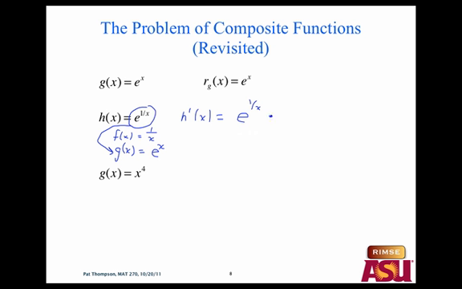But then by the chain rule, we multiply by the rate of change of the interior function. We can rewrite 1 over x as x to the minus 1 and use the power rule, which gives negative 1 times x to the negative 2. This simplifies to e to the 1 over x times negative 1 over x squared.